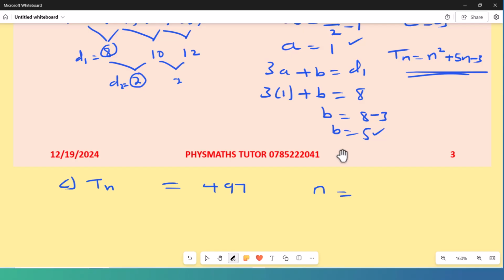So what we do, we know the Tn already, the expression, which is n squared plus 5n minus 3 equals 497. So we're going to form the quadratic equation and then solve.